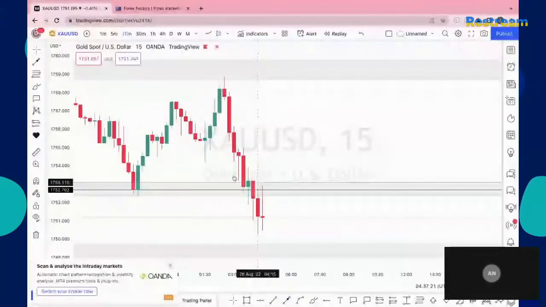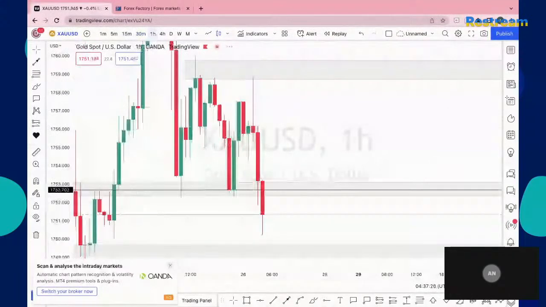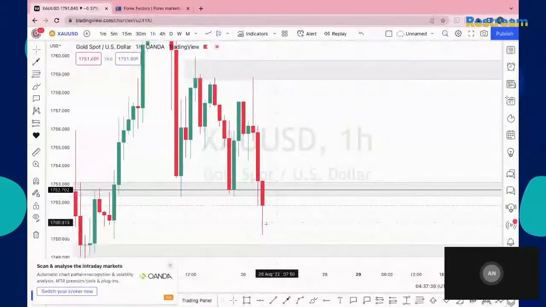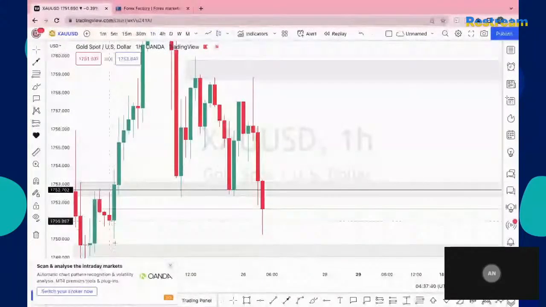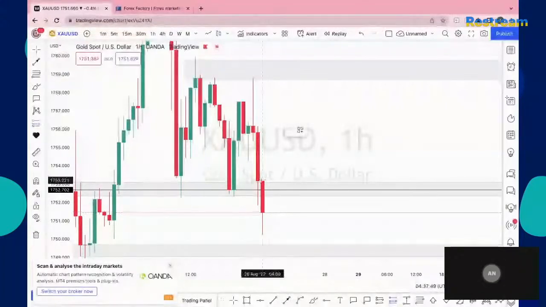Right. So here, if this 1 hour closes completely like this, it creates an exhaustion candle. Another thing here, if you look onto the left hand side, wick fill. So just be careful. So I'll be looking at putting buy stops here, right?